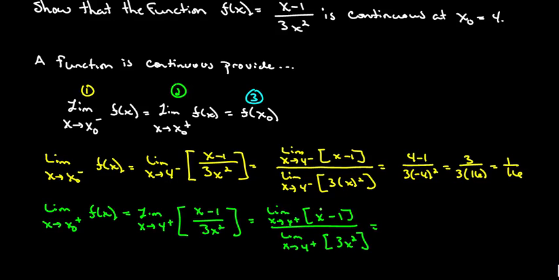And we know this is continuous, and we know this is continuous, so we're using the idea of continuity here on these two guys. Now if you want to, you can go through and prove that these are continuous as well. So this will give me 4 minus 1 over 3 times 4 squared, so that's 3 over 3 times 16, which is 1 over 16.